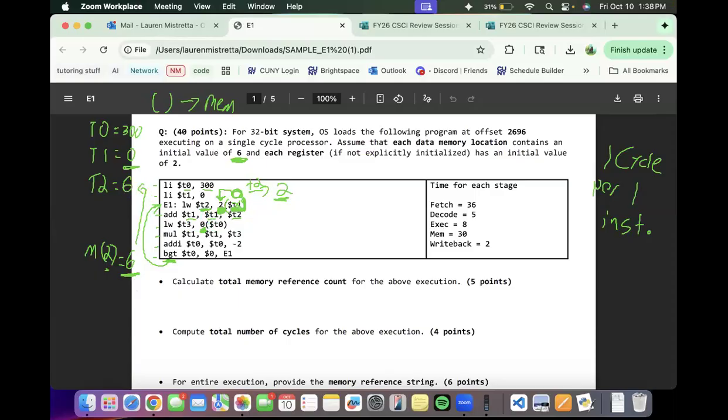So T2 has a value of 6. Now when we do the next part, T1 plus T2, and that gets added into T1. Okay, so T1 is, oh, sorry, 0. And then we know that T2 is 6. So now our new value for T1 is 6. So I changed the 0 to a 6 now. Okay, so we're done with that instruction.